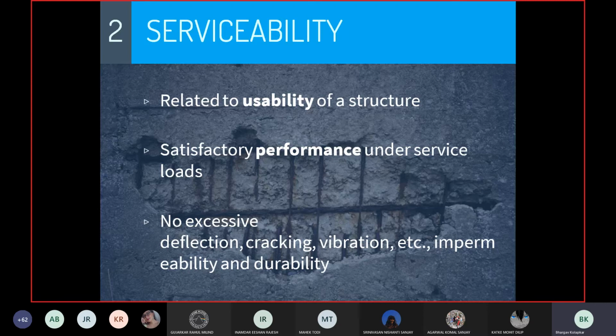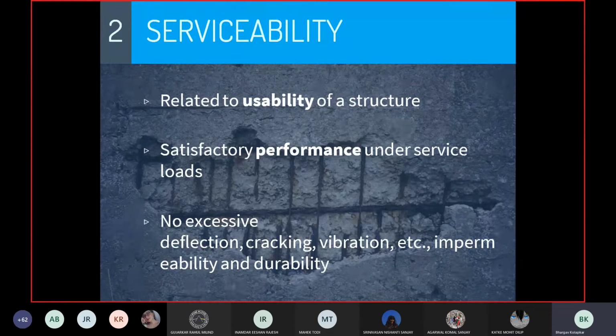Vibration is an important factor whenever the functional requirements involve, for example, the use of machines in your structure, that is when vibrations play an important role. Or whenever you're building a structure very close to, say, railway lines.